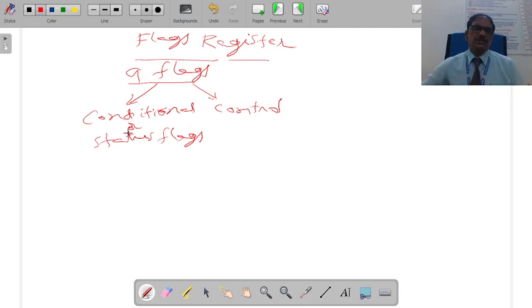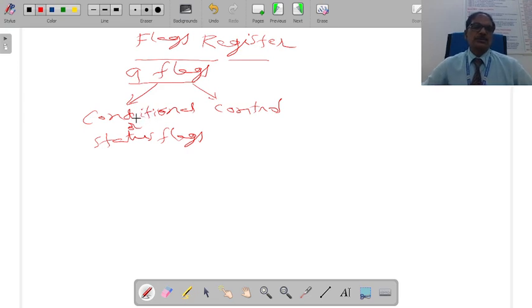These conditional flags will be used as conditions for certain operations. When we are performing any operations, these flags can be used as a condition. Generally, the conditions are used along with the jump instructions.